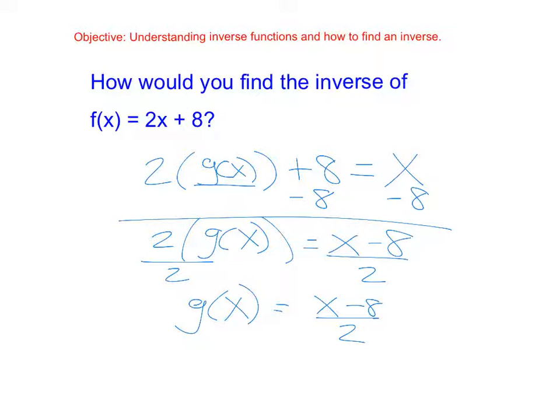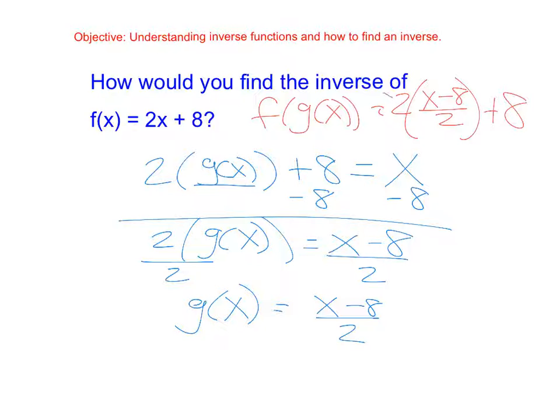If I go up here, I can actually show that. f of g of x is 2 times x minus 8 all over 2, plus 8. The 2's cancel. x minus 8 plus 8 is just x. So we did the composition and solved for the function that we're plugging in.